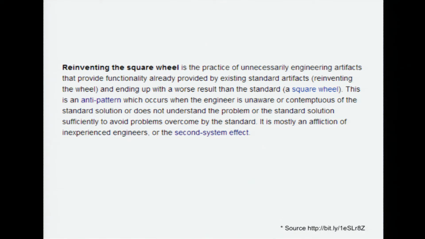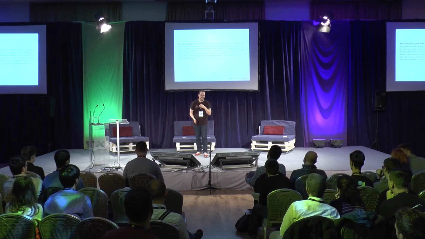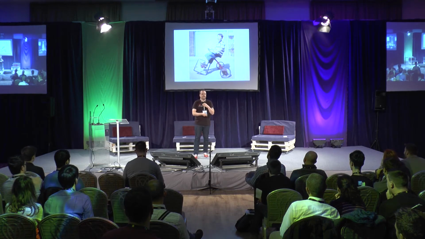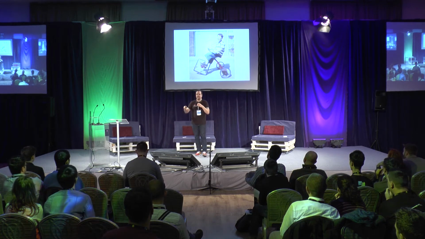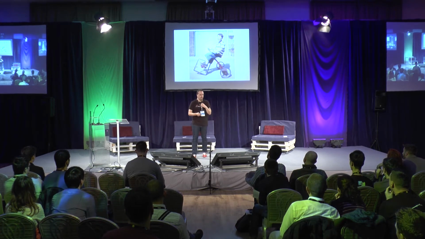Oh, I will do a new MVC framework, and I'll write it myself, and it's going to be better than the ones that are provided. And this is seen as a bad thing, right? Because people reinvent something which is already there, which no one really needs to reinvent, and they do it broken. So the wheel is square, yeah? So people think about this. So, unhappy child with broken wheel.